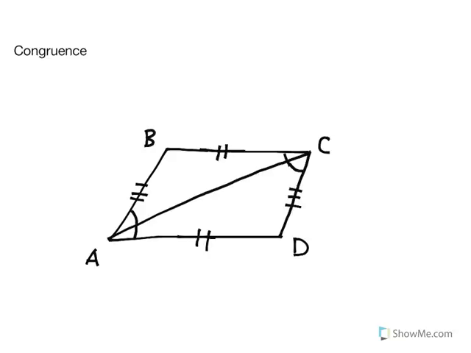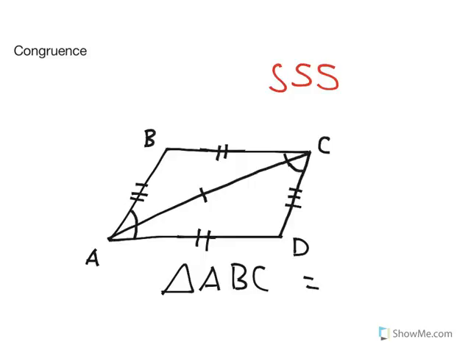Another thing we have to know is that the diagonal is, by the reflexive property, congruent to itself. So by that, we already know that we have SSS. And thanks to that, we know that triangle ABC is congruent to triangle, with all the sides and angles matching.